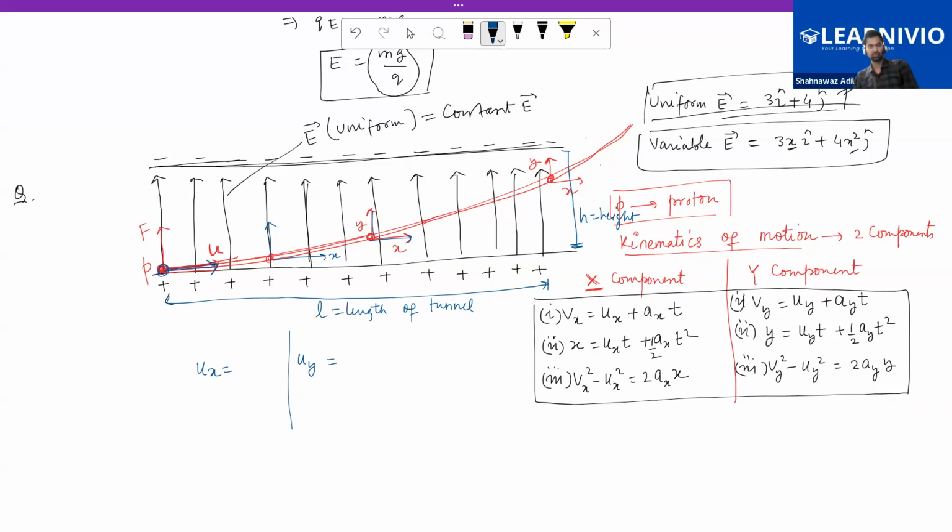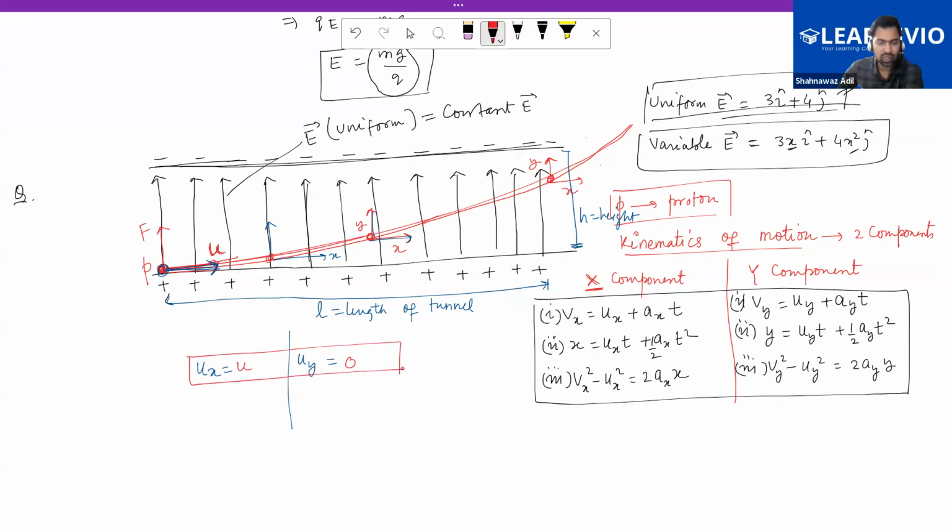The y component is 0. In the x direction, we are providing this proton the u velocity, and we are not providing any velocity in the y direction. So this is 0 and this is u. Is this part clear?